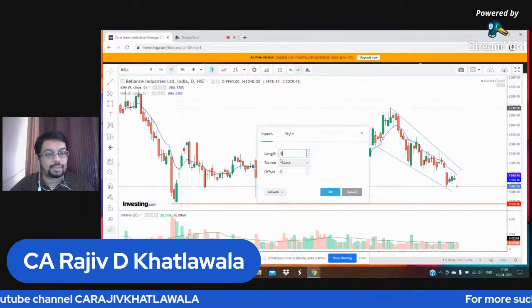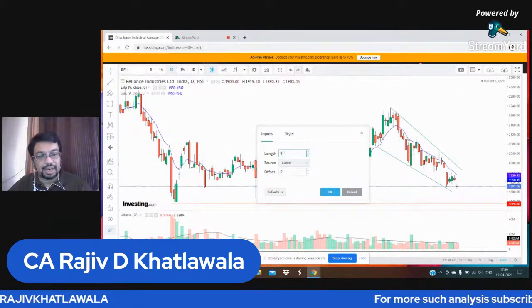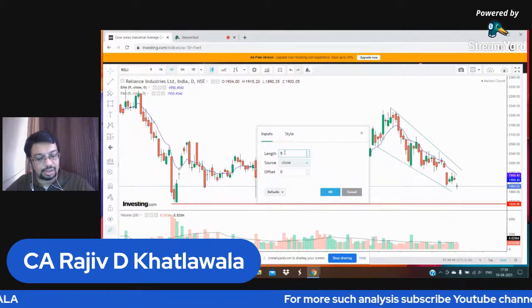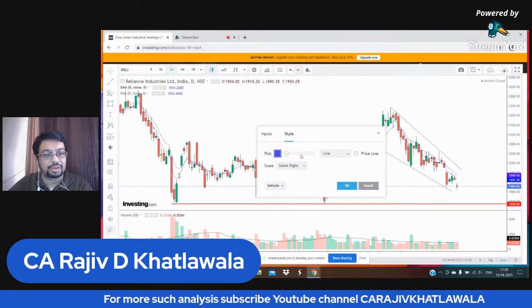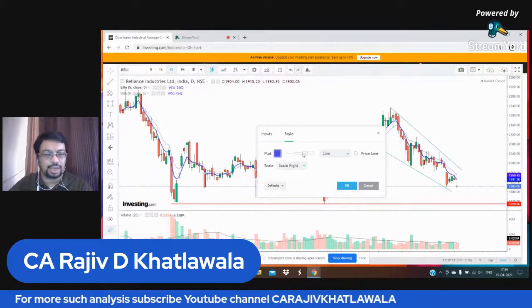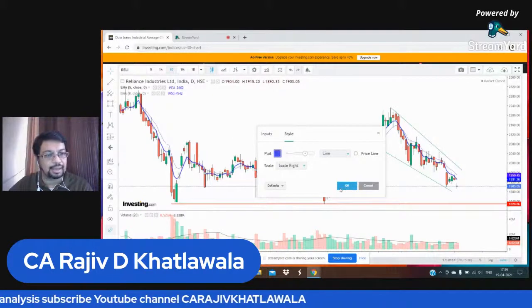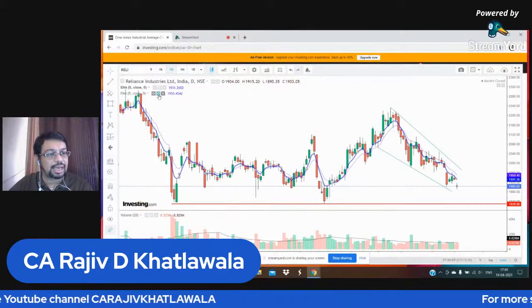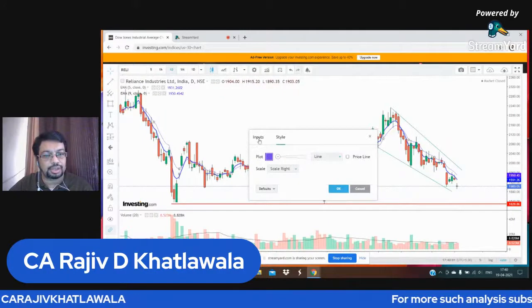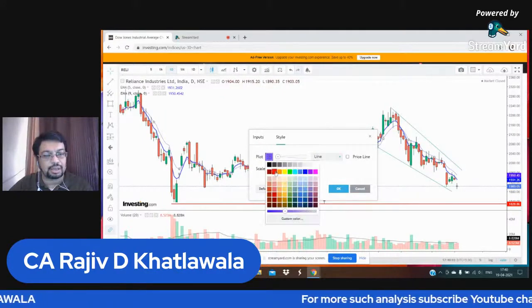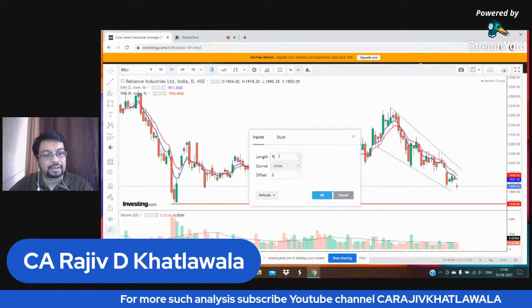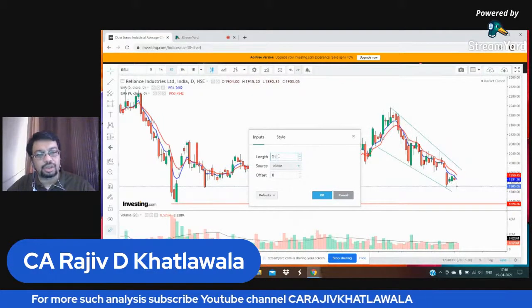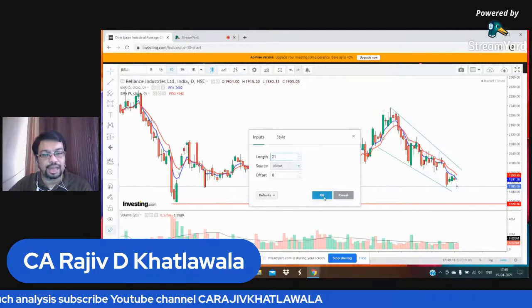Though by default the chart says 9 moving average, I want a 5 days moving average. The color I am putting is blue, and I also want a second moving average, which I will color red, and that moving average length I want is a 21 days moving average.